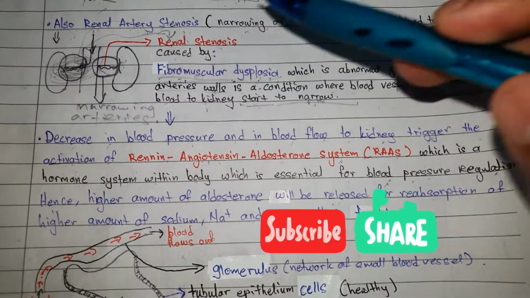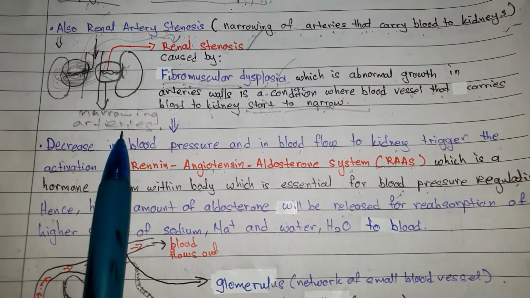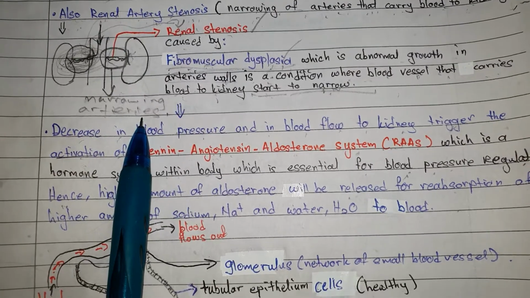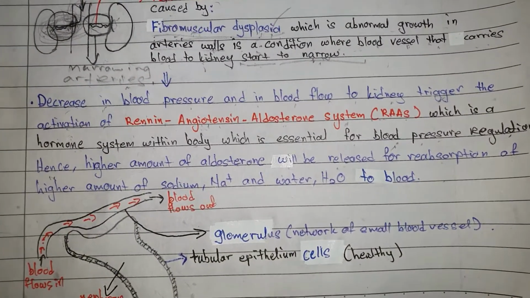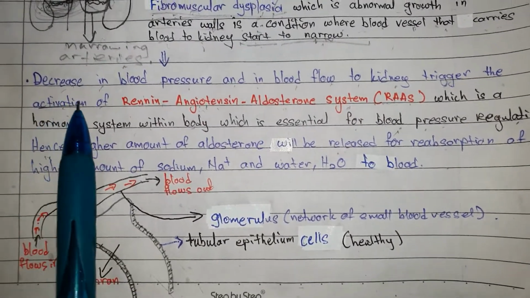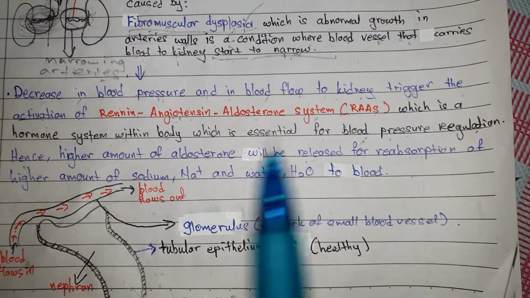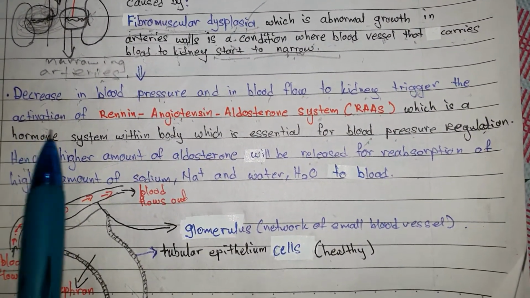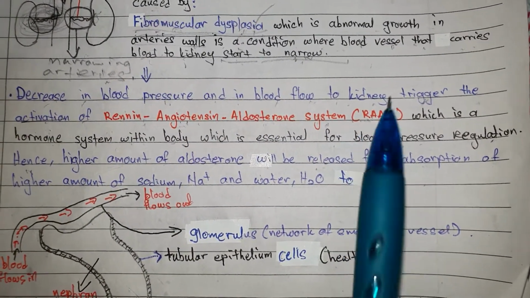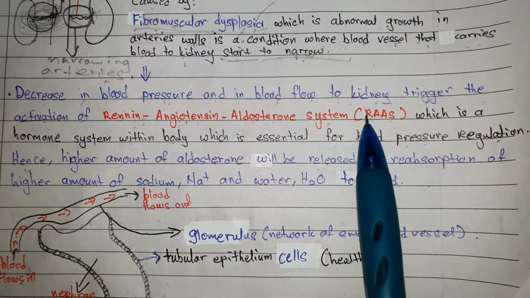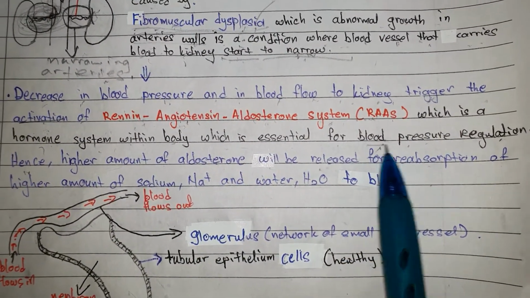Whenever there is a condition like renal artery stenosis, fibromuscular dysplasia or narrowing of arteries, there will be a decrease in blood pressure and blood flow to the kidney. This decrease will trigger the activation of the renin-angiotensin-aldosterone system, or RAAS. The renin-angiotensin-aldosterone system is a hormone system within the body which is essential for blood pressure regulation.